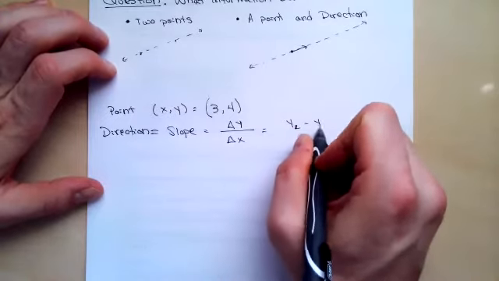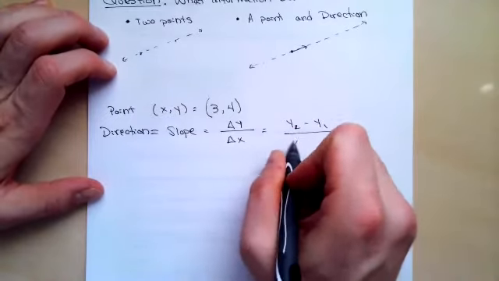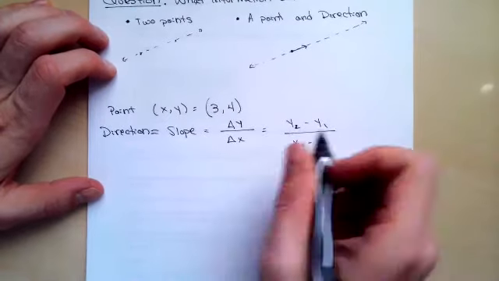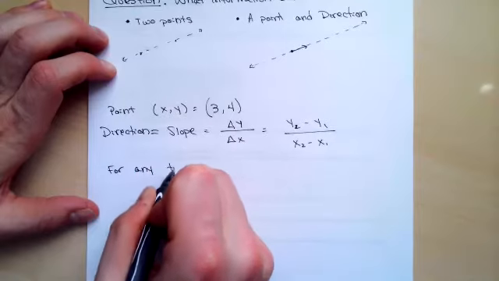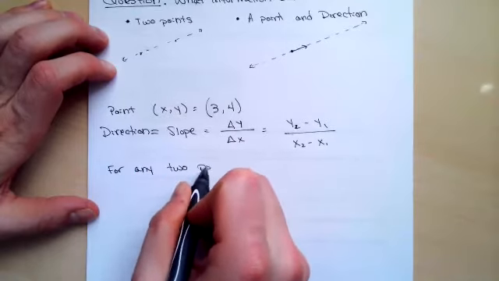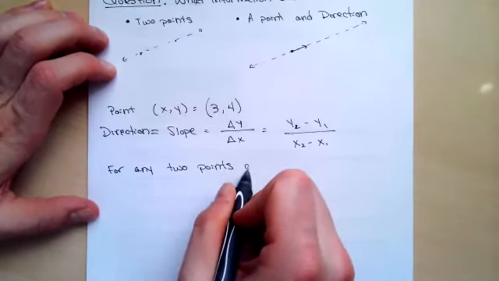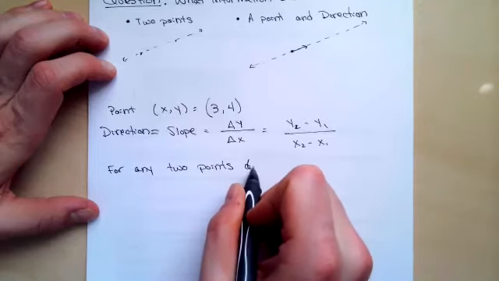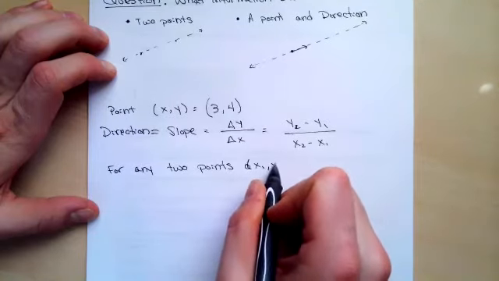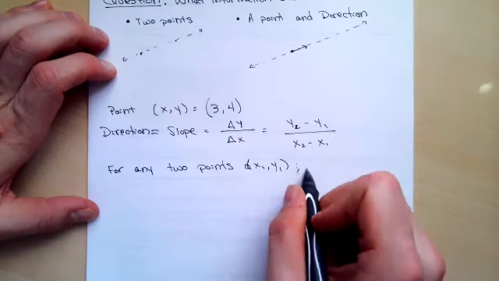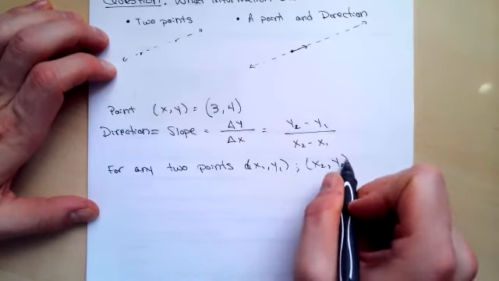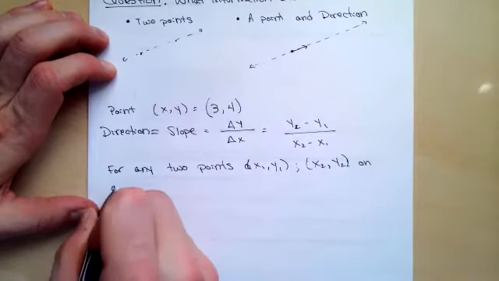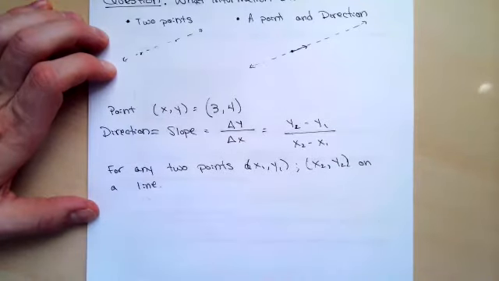We'll write it as y2 minus y1 over x2 minus x1, for any 2 points, I'm going to call them x1, y1 and x2, y2 on a line.